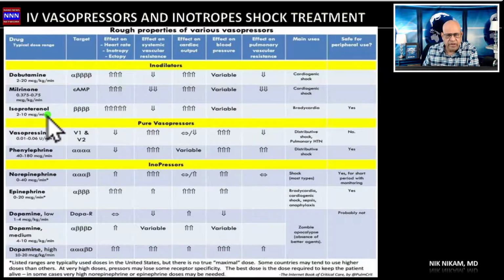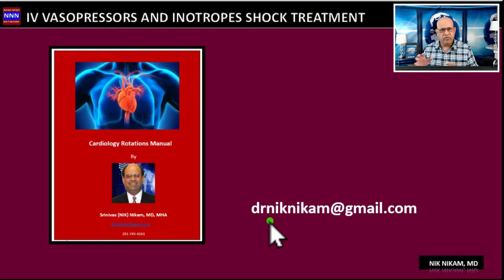And this is predominantly used in patients with severe bradycardia or complete heart block as a bridge gap before they can get their temporary pacemaker or permanent pacemaker, because we have covered all the rest of the drugs. So ladies and gentlemen, this is a quick review of intravenous vasopressors, inotropes, and chronotropes in managing patients with various types of shock, and particularly cardiogenic shock.